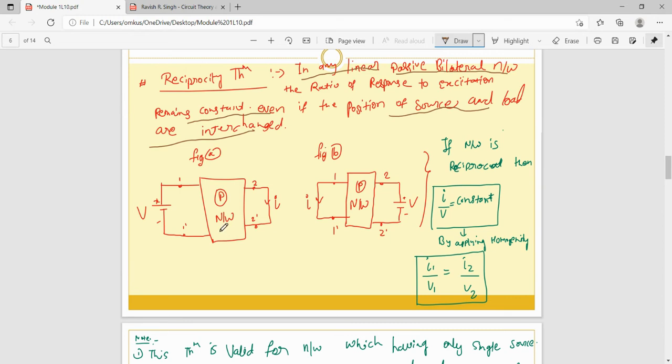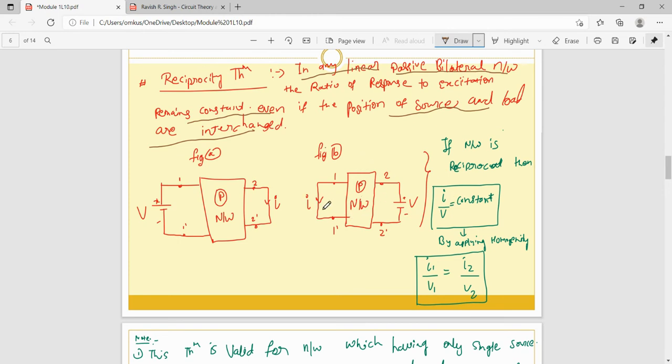Now see, this is a linear passive bilateral network, one source is given to you, and here some load is connected. According to this theorem, you can interchange these two positions. This is node 1 and node 2 in the first position, and in the second case, by this theorem, you can interchange these two nodes also. Since this is a linear passive bilateral network, it doesn't affect the value of these two, or you can say this is a constant term, right?